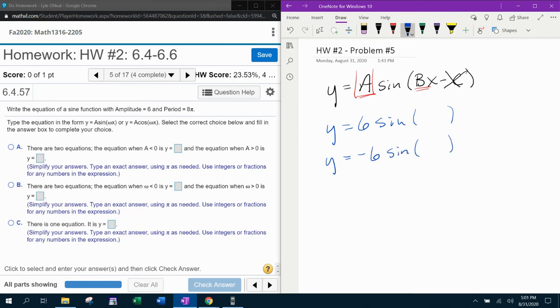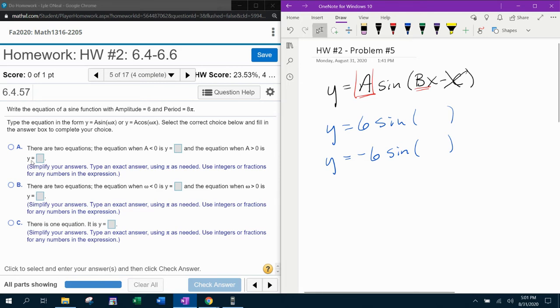Both of these functions will produce an amplitude of 6, because taking the absolute value of the lead coefficient, the absolute value of positive 6 and the absolute value of negative 6, both of those will produce an amplitude of 6. So there are going to be two correct answers.